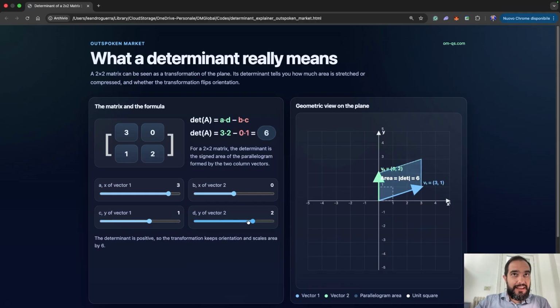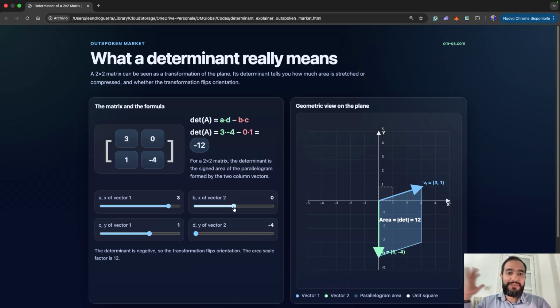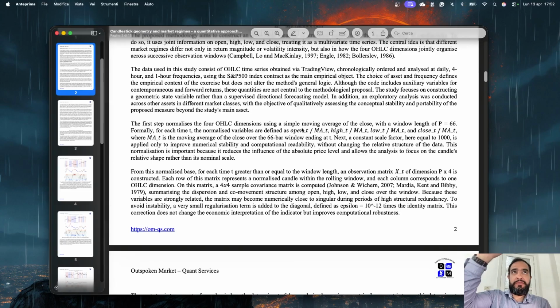And this, as you can see, is what we can capture with this particular information coming out of the matrix formed by the covariance of the data points that we have constructed from open, high, low, and close.